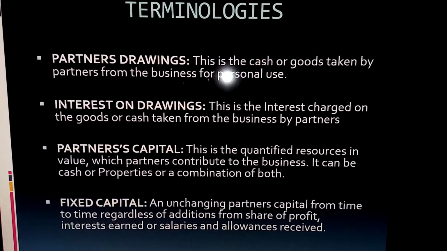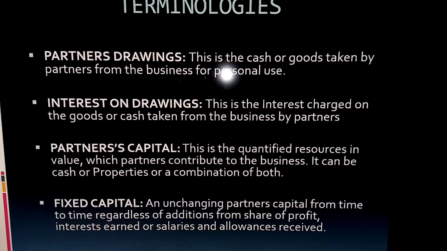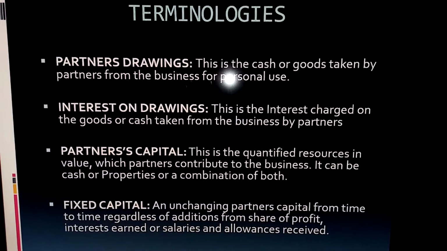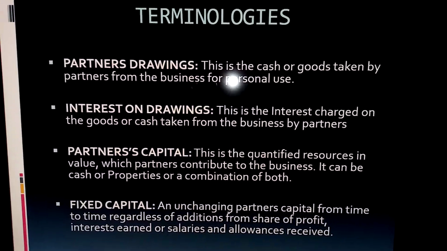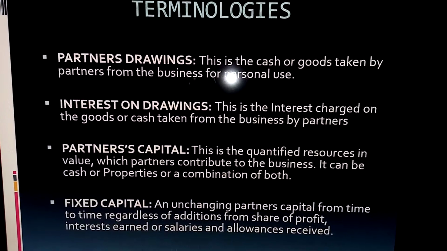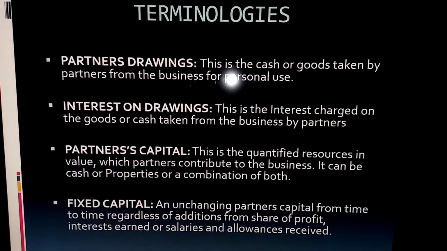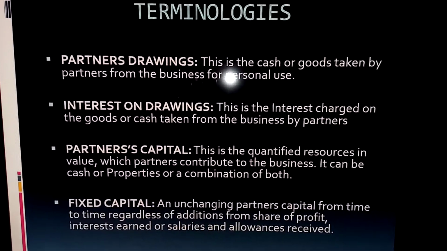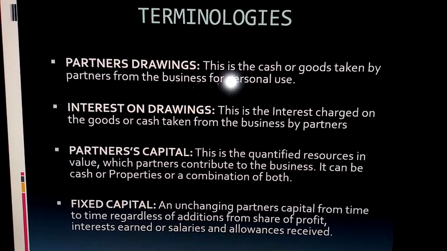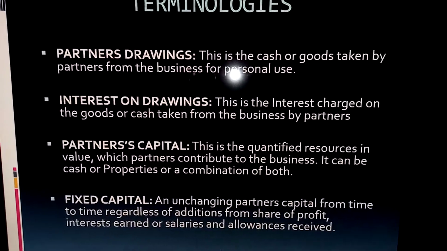The car is also a capital. It depends on what has been contributed, but whenever a contribution is made to begin a partnership business, either in cash or in another form of resource that is quantifiable, we call it partners' capital.